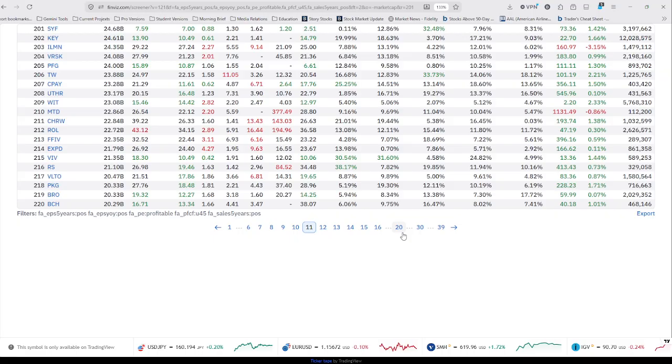So in this particular case, if you wanted to have both sides working together, then I have pages 11 through 20.